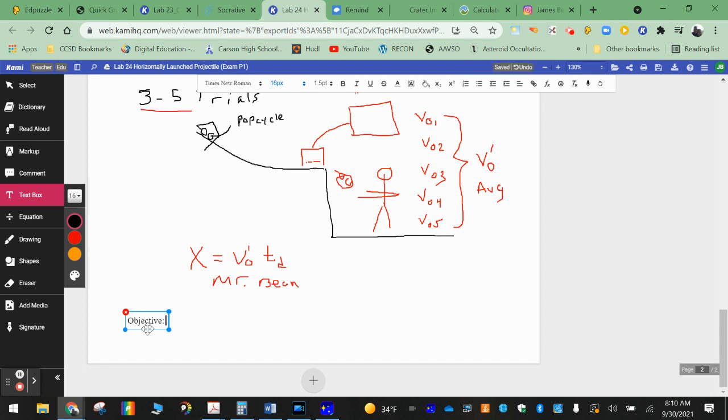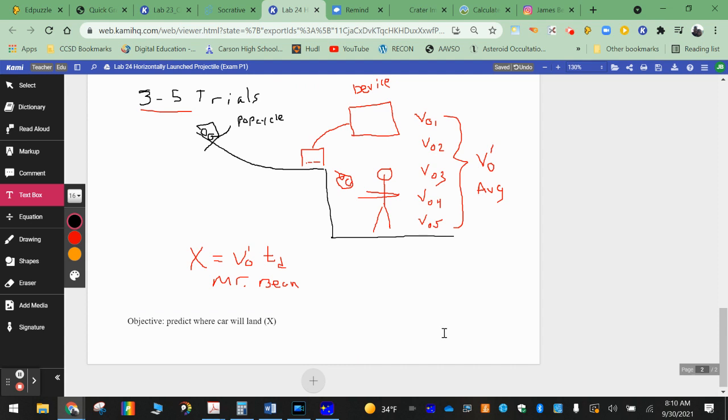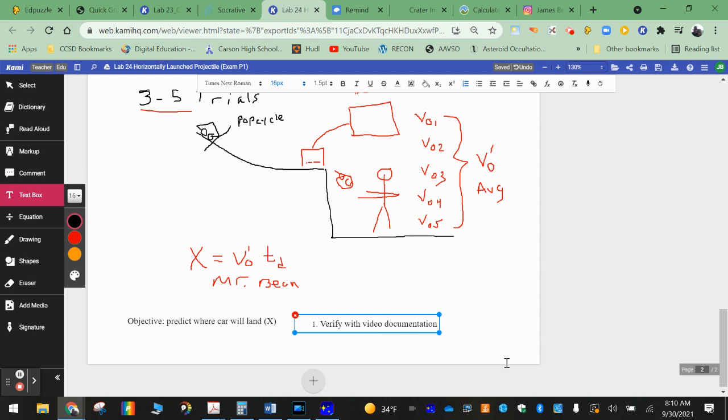Yes, so predict where the car will land, and hopefully it'll be the X. Objective: predict where the car will land, and then verify. Then maybe two, verify with video documentation.